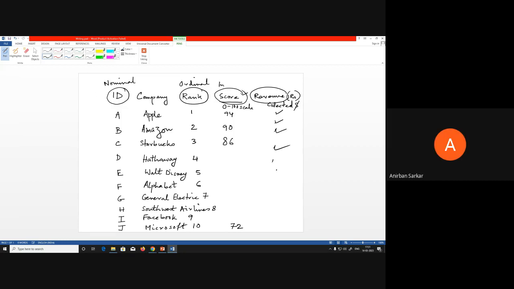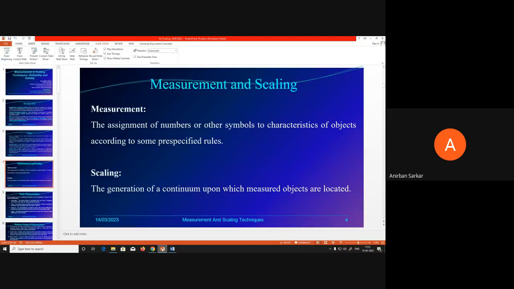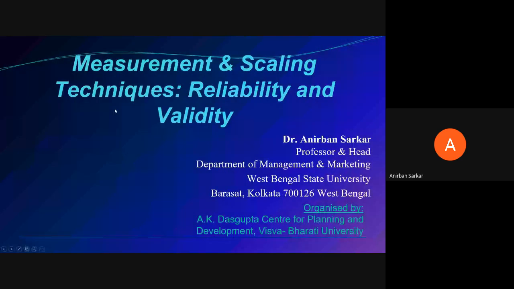Score will be interval, and revenue would be ratio scale data. Okay. Now, this is just to make you aware of how we can infer what scale has been used. I will now go on to my PPT and try to explain in a deeper fashion.